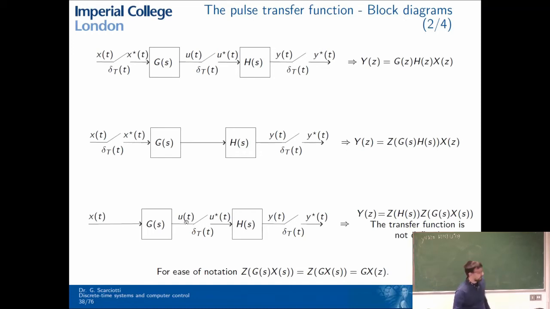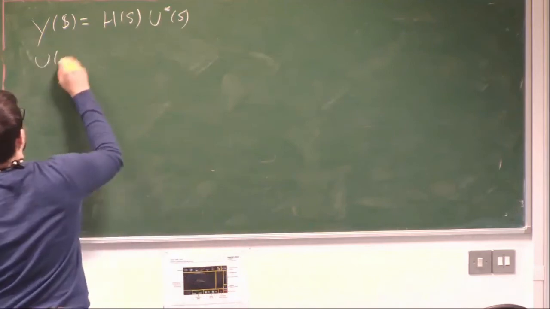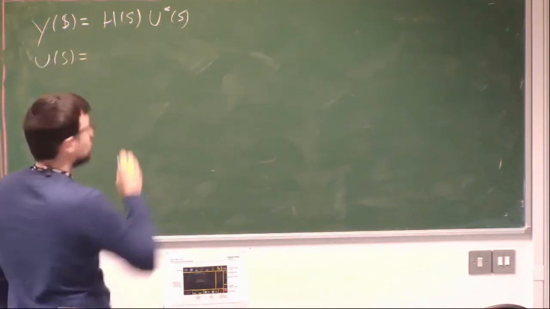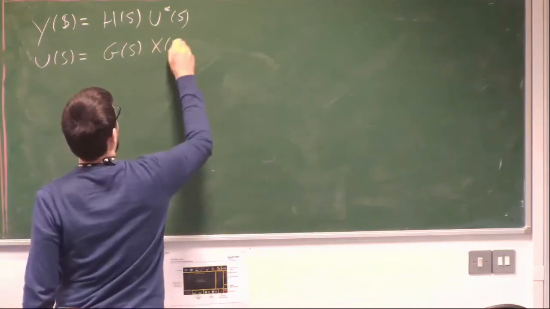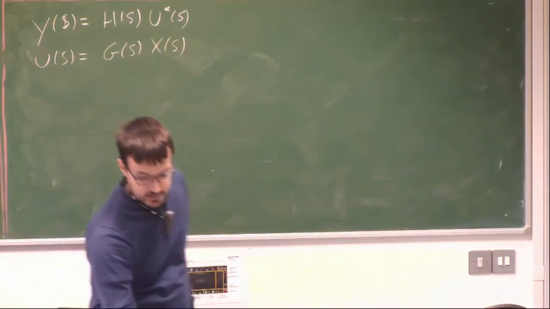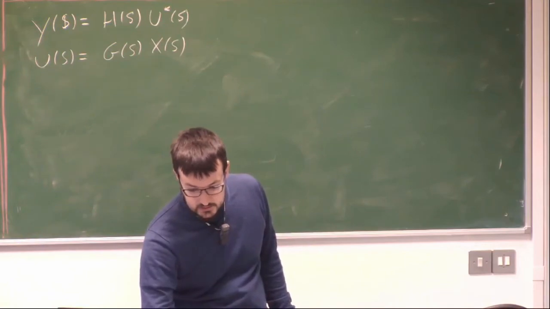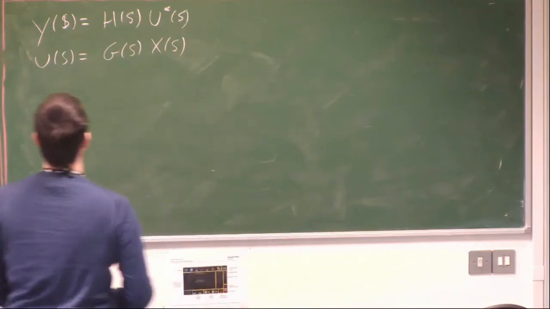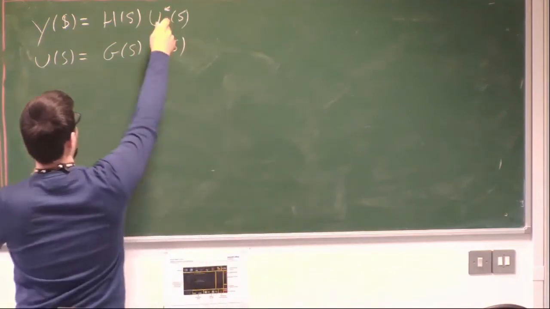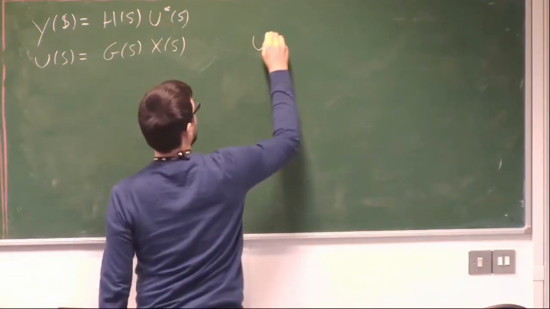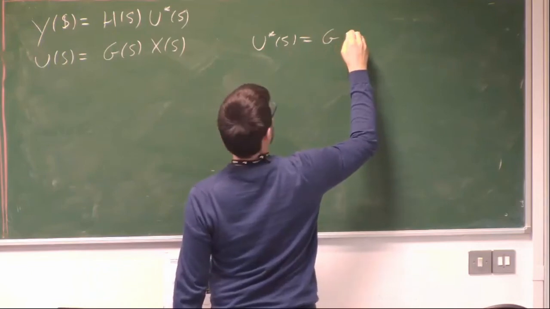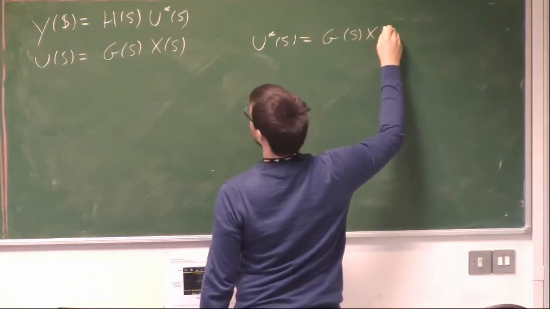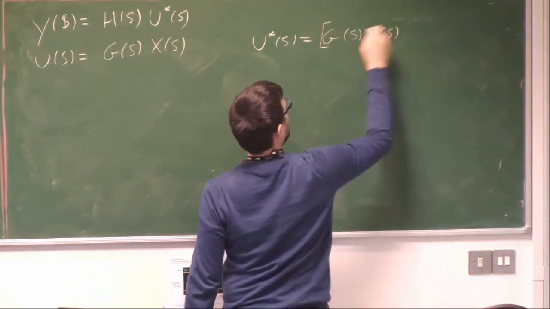And then u of s is equal to g of s times x of s. And the reason why there is no star there is that in the slide you can see that there is no sampler over here. Now if we compute the starred version of this, because we have to replace it here, we get u star of s equal to g of s times x of s all starred.